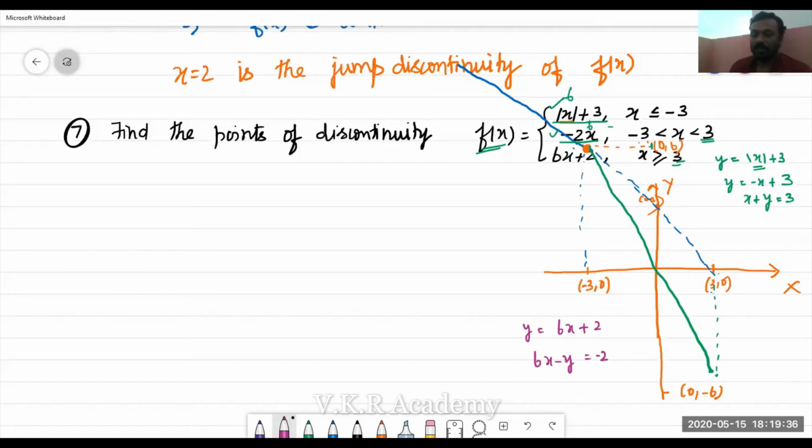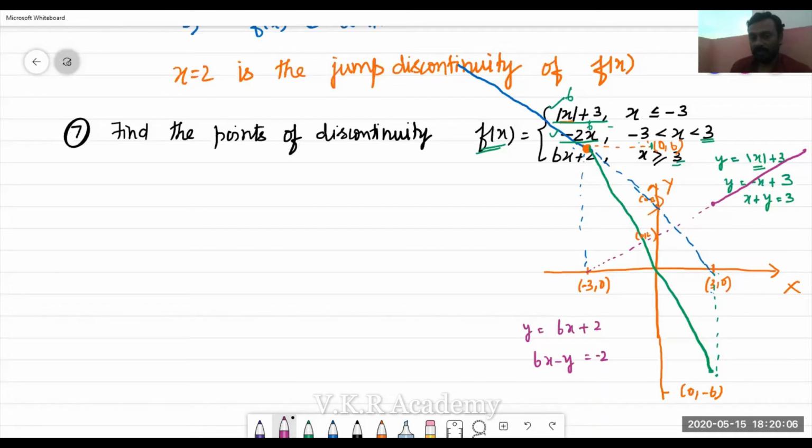So it makes the x-intercept at minus 3 and y-intercept at 2. So the graph will be this is the graph.